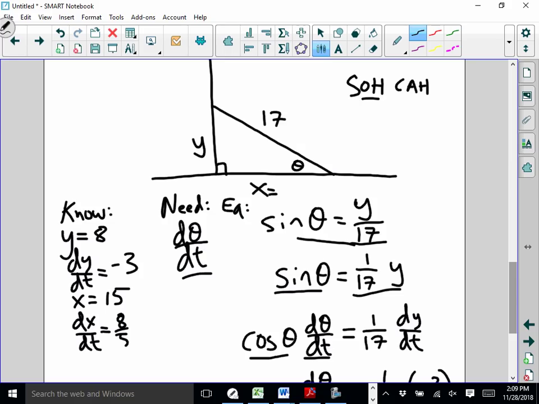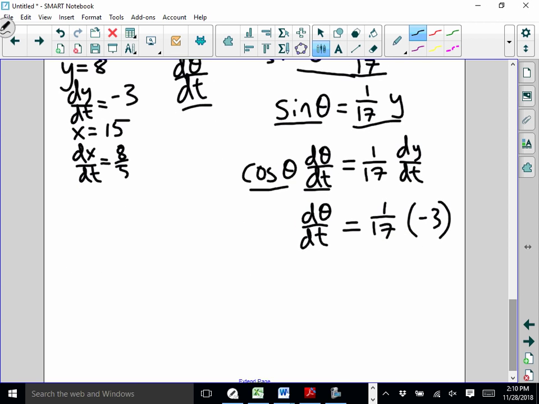Well, it was 15. So I know that cosine of theta is always equal to the adjacent side, which is 15, divided by the hypotenuse, which is 17. So cosine theta equals 15 over 17. So I just sub that in.